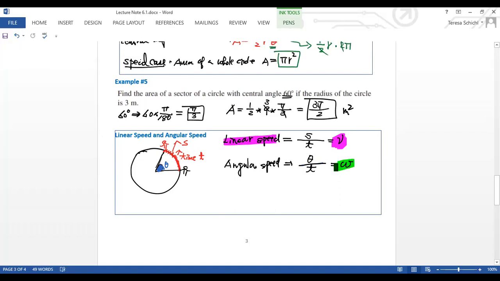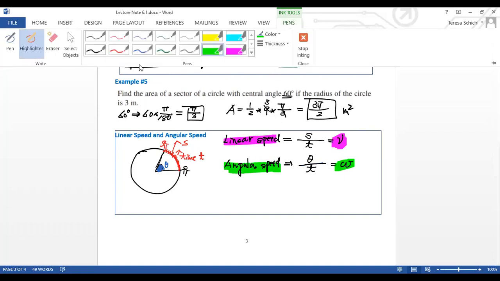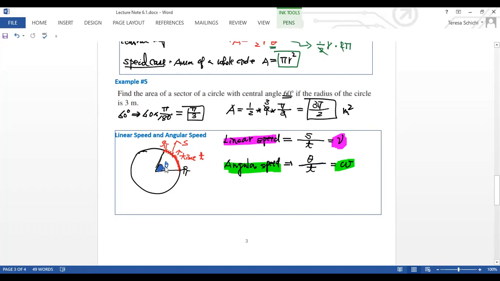So make sure you know the notation for the angular speed and the linear speed. The angular speed is how fast this angle turns. Sometimes some wheels turn a lot faster than other wheels, so that means the angular speed is a lot faster for certain wheels.